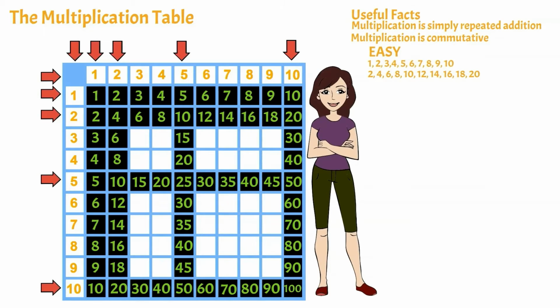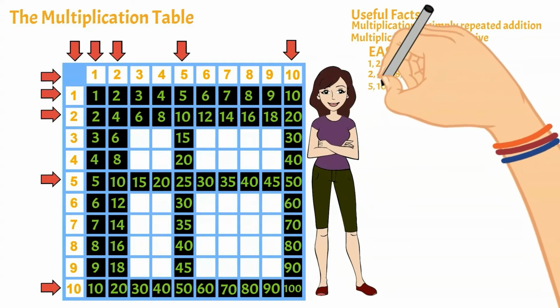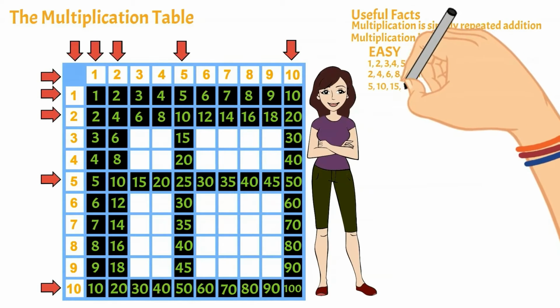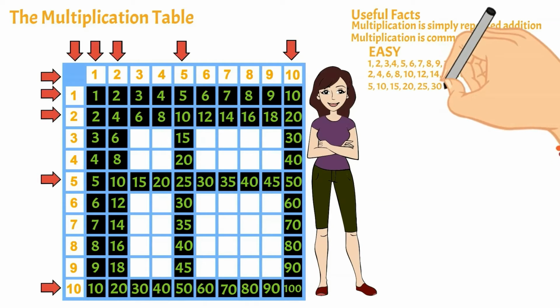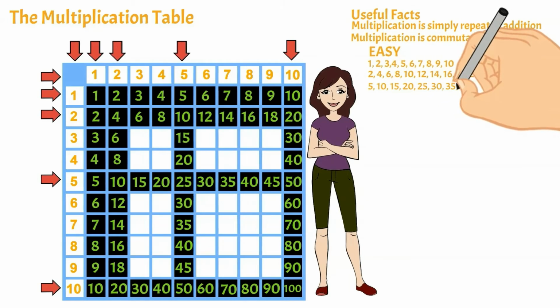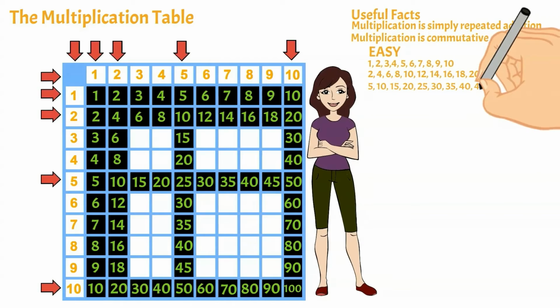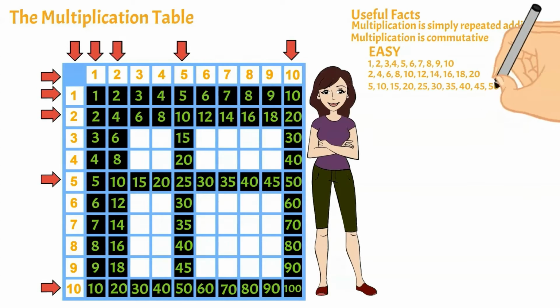Let us count by 5s. 5, 10, 15, 20, 25, 30, 35, 40, 45, 50. Since counting in fives is easy, multiplication by 5 is also made easy.